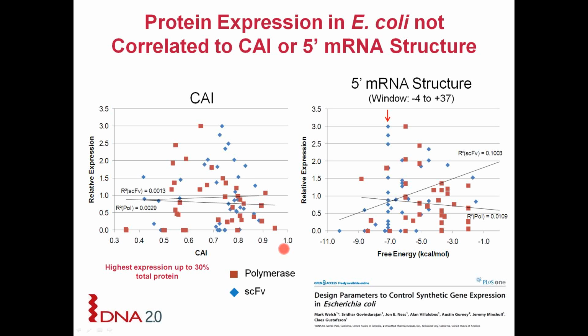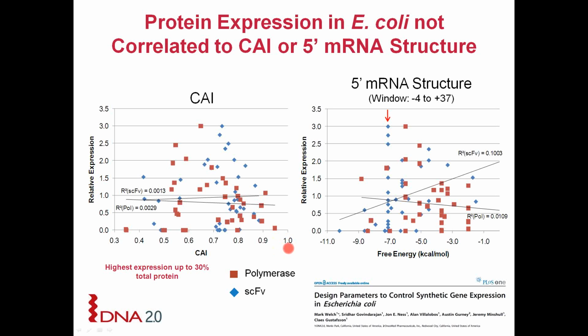The codon adaptation index is a measure of the relative use of codons that are more highly used in genes that are highly expressed in the host. And this is the main principle of design for most codon optimization algorithms that exist today, and most companies use this as their main principle of design. So they're trying to maximize the codon adaptation index.